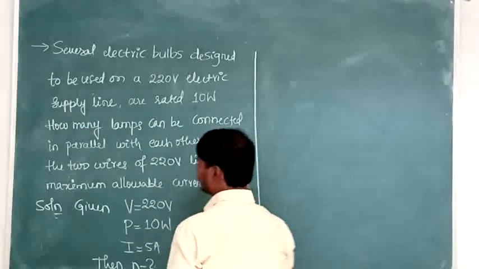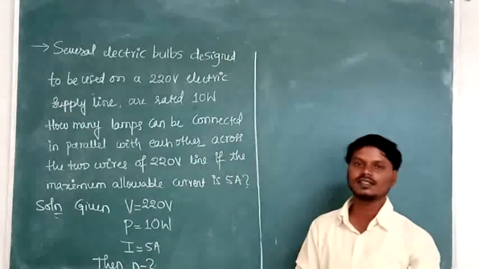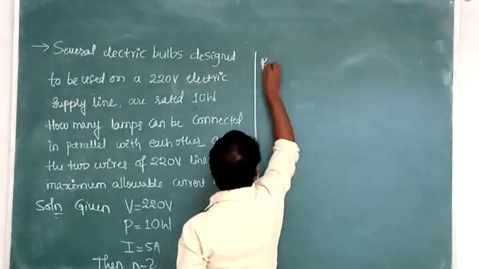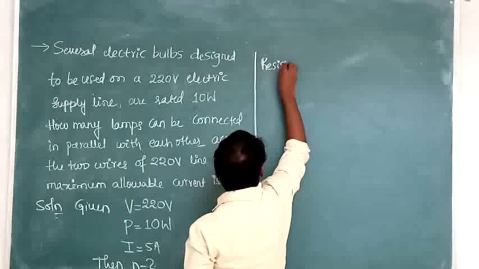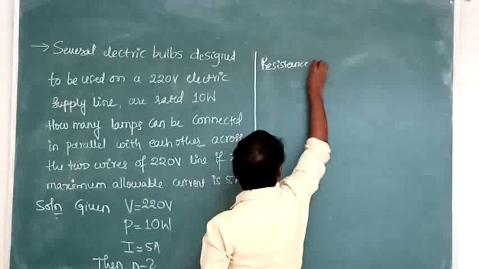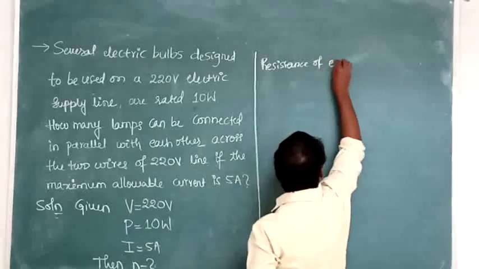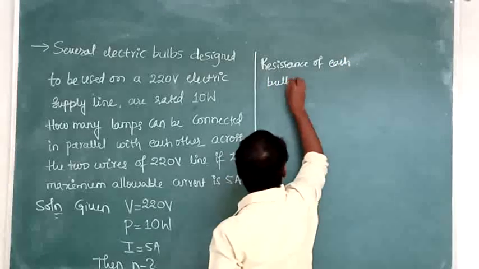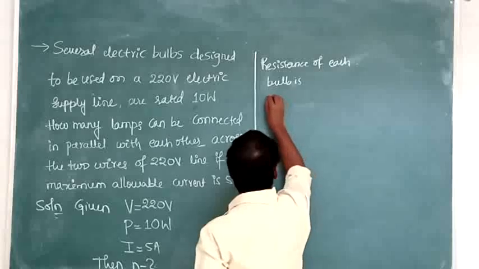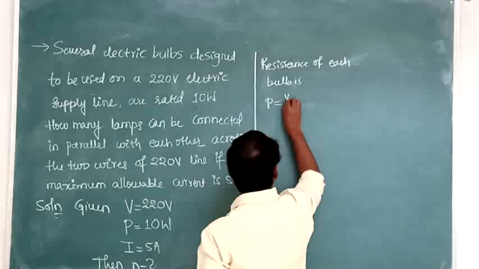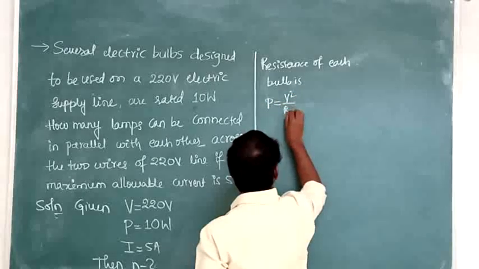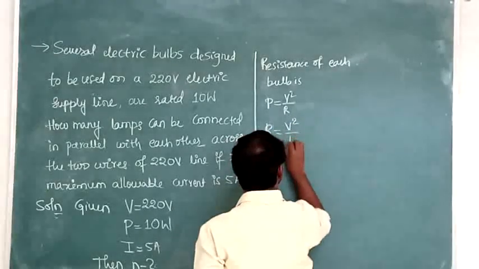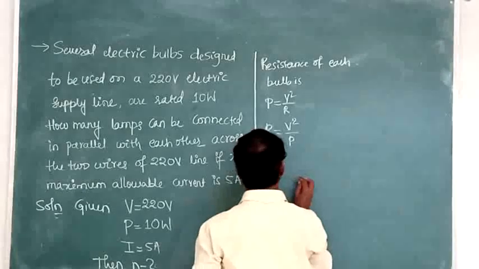So first we have to find the resistance of each bulb. How to find the resistance of each bulb? P is equal to V square by R, then R is equal to V square by P. Then what about V given?